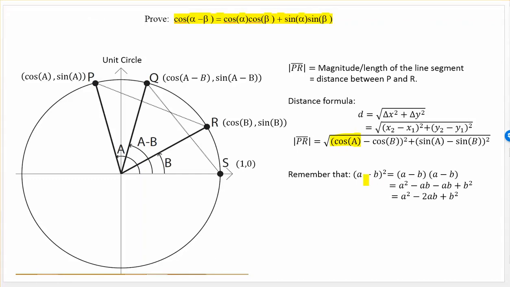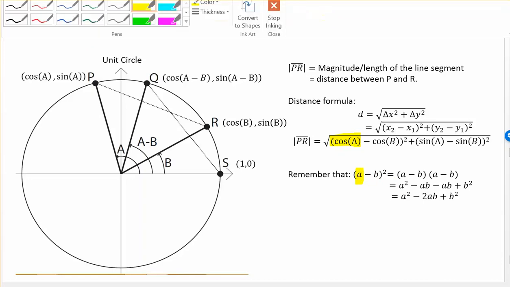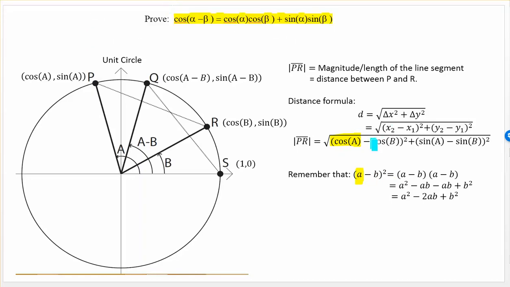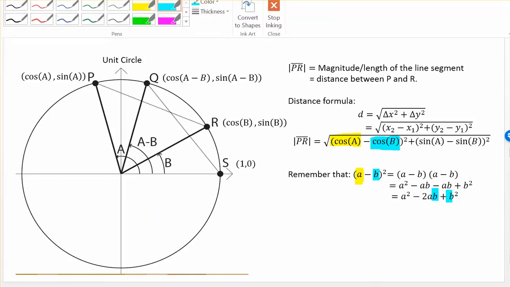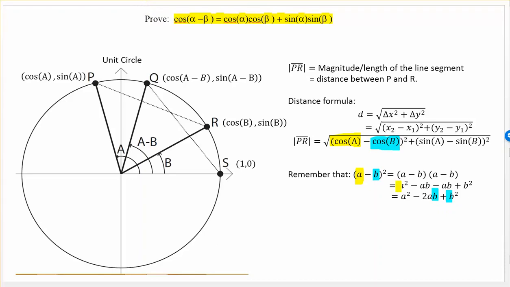So if we look at this first one, cosine A is our A, and cosine B is our B. So we're going to replace cosine B with all the B's, and all the A's are going to be our cosine A's.